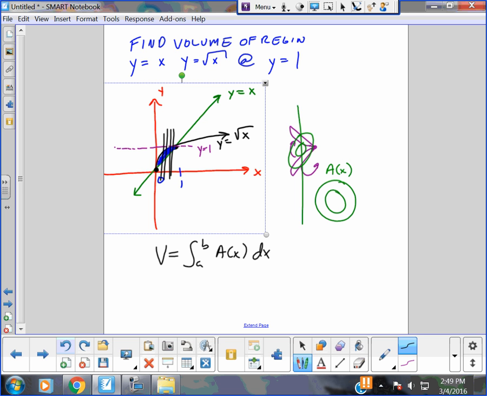Mr. Anderson, I have a question. Yes. I don't mean to put a damper on your pronunciation, but isn't it radii instead of radiuses? It's radii. I don't care. So that's good. So it's radii.